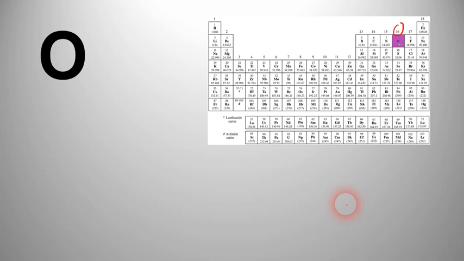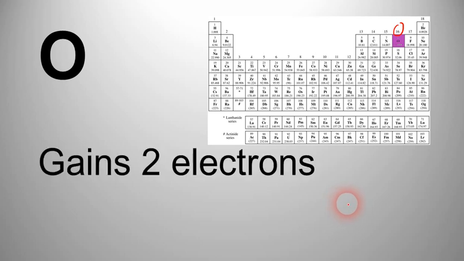Well, it's not -1, it's -2. And so it's going to look like this. It's going to have that 2 negative charge in front of it. In fact, all these elements in group 16, like sulfur and selenium, are going to do the same thing. The ones that are nonmetals, they're going to have that -2 charge.